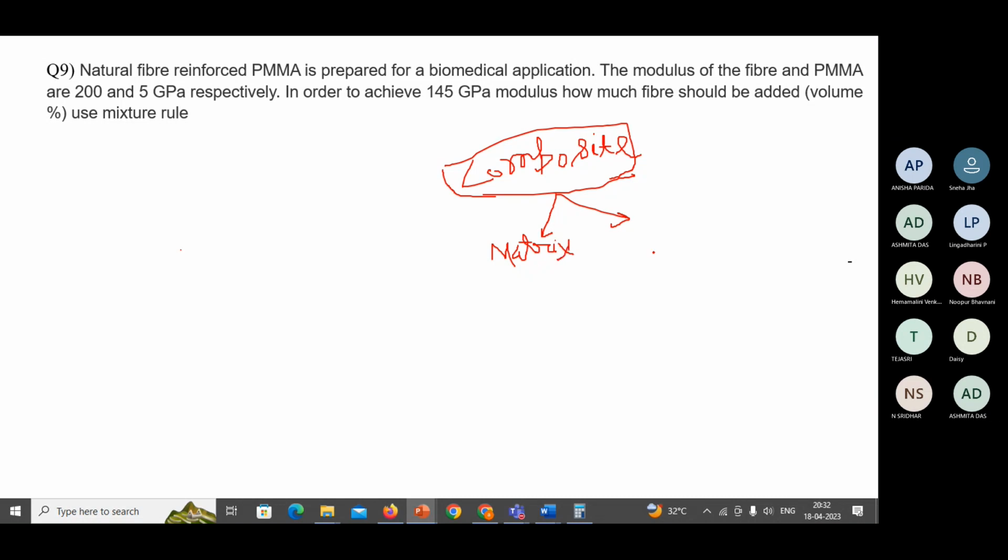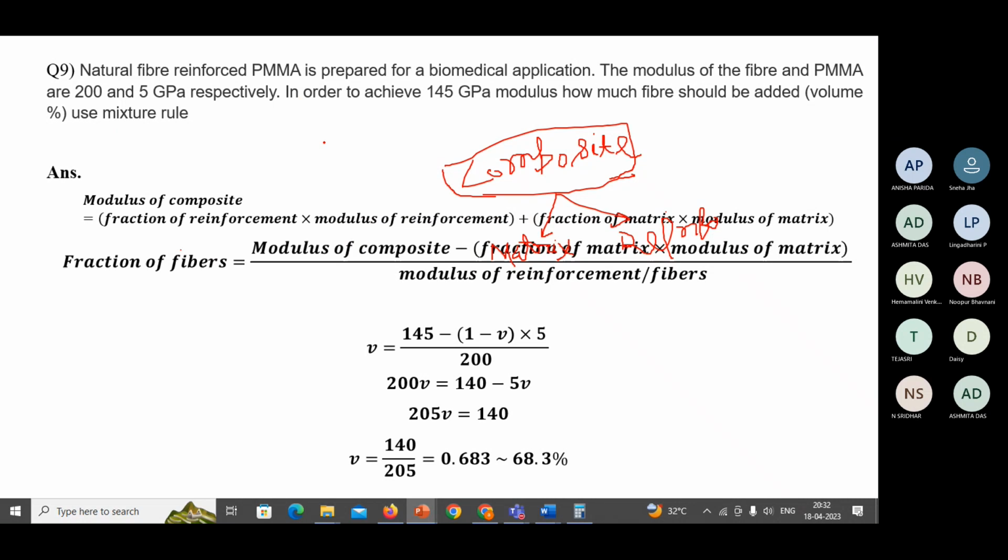And the second one is the reinforcement, which basically helps to modulate the property of the matrix material. So in this case, the natural fiber is the reinforcement and PMMA is the matrix.